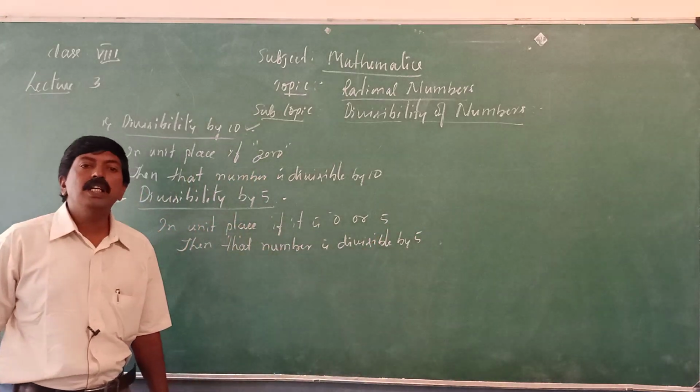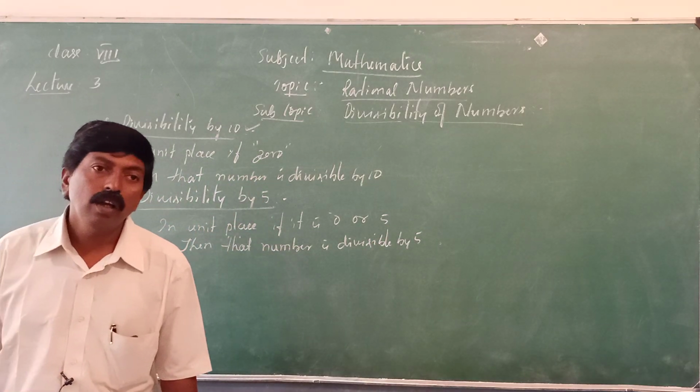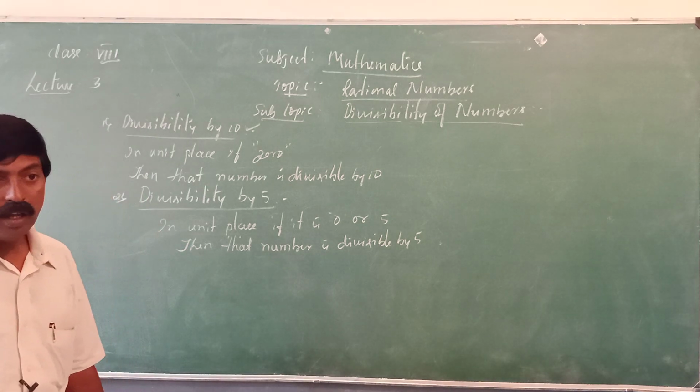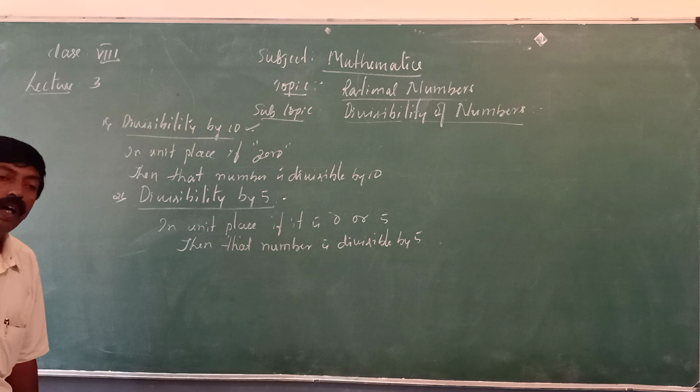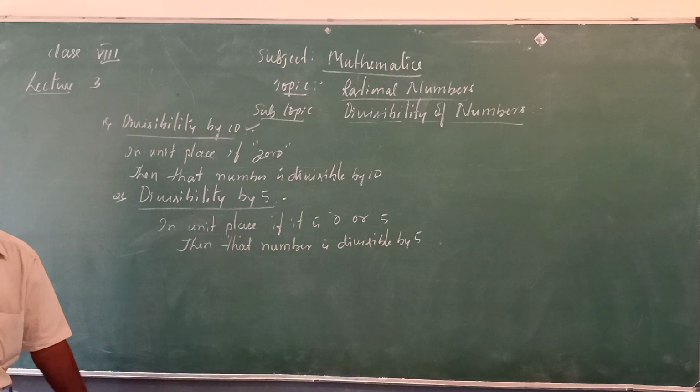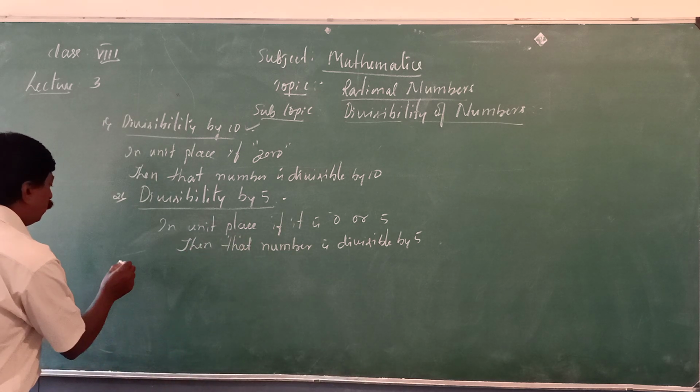Remember, that is the divisibility by 5. So among any numbers given, if the unit place has 0 or 5, then all those numbers are divisible by 5.